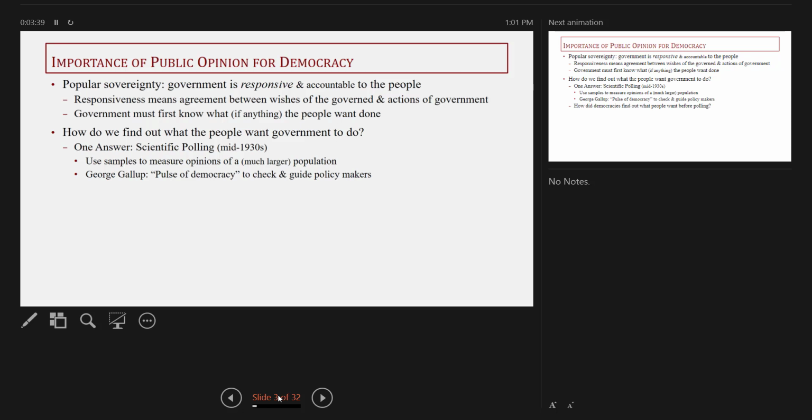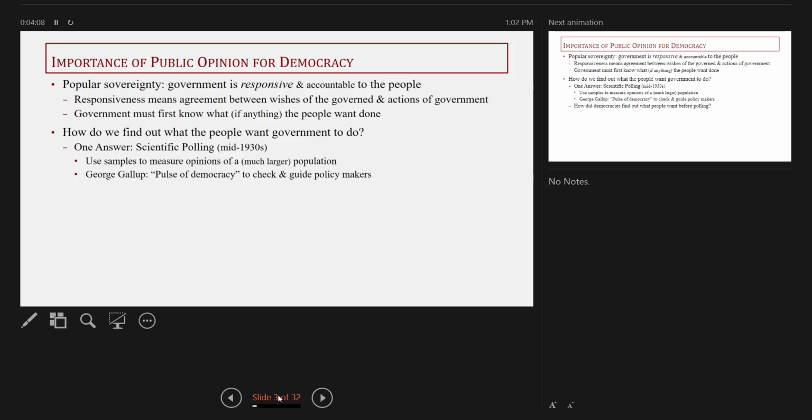As I said, George Gallup, the founder of the Gallup poll, was a pioneer. He published a book in the 1930s where he called public opinion surveys the pulse of democracy. It provided a technology to take the public's temperature, so to speak, and to ask people what they wanted and what they felt about things.